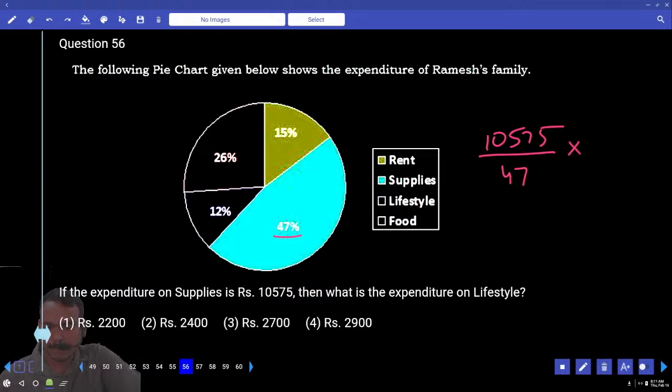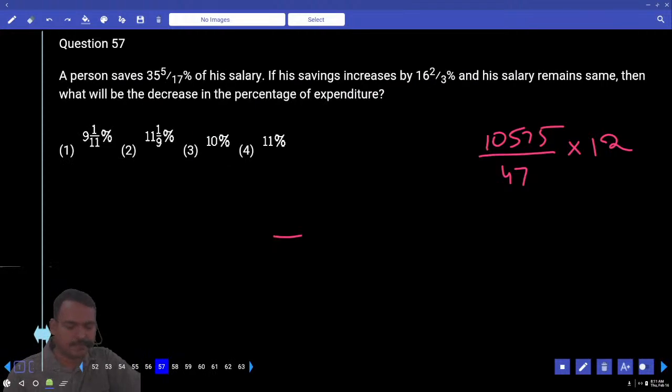Lifestyle, 26 or 12? 12 percent. First one rent, second supplies, third one lifestyle. We always take clockwise or anti-clockwise? Clockwise. 10575 divided by 47, we get the 1 percent value, but we require how much percent? 12 percent. Okay.